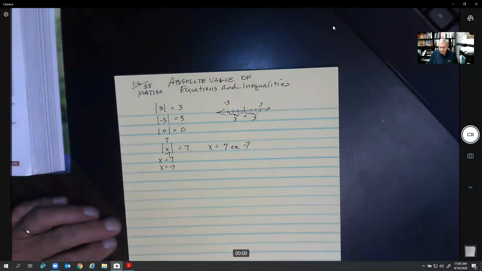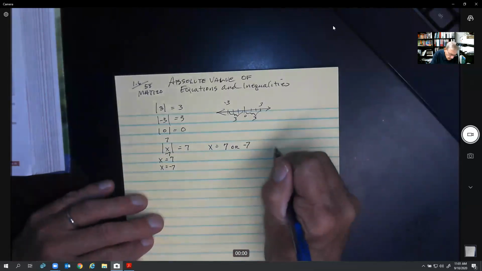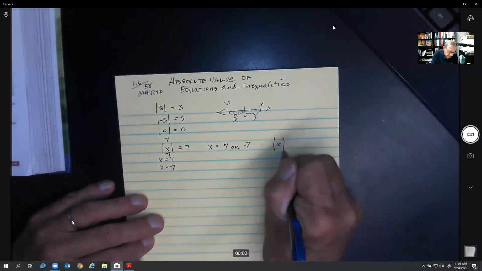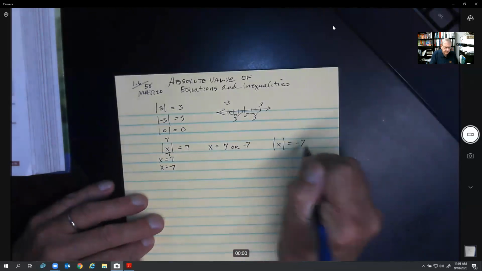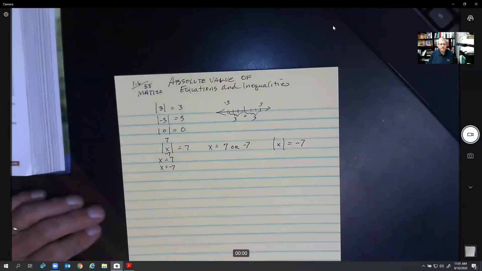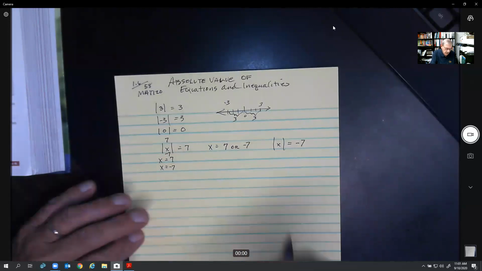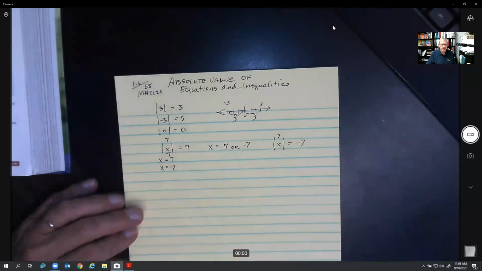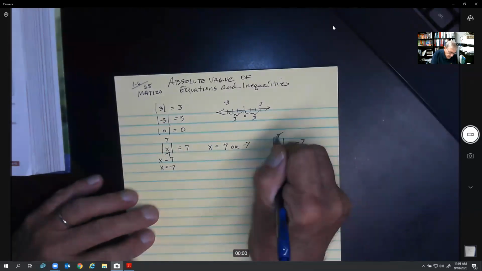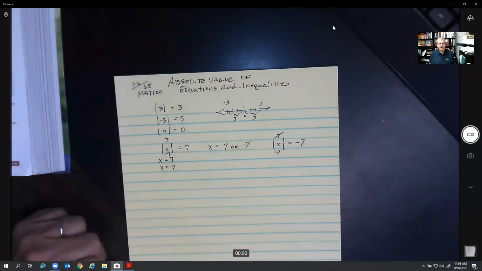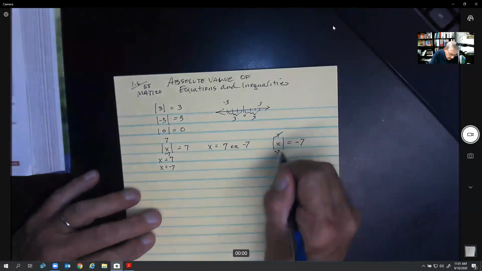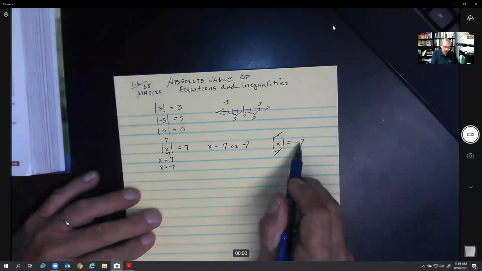Sometimes we call that a disjunction. Okay, what about this one? The absolute value of x equals -7. If I put a 7 in here, could it equal -7? No. What if I put a -7? No. Absolute values are the number without the sign.